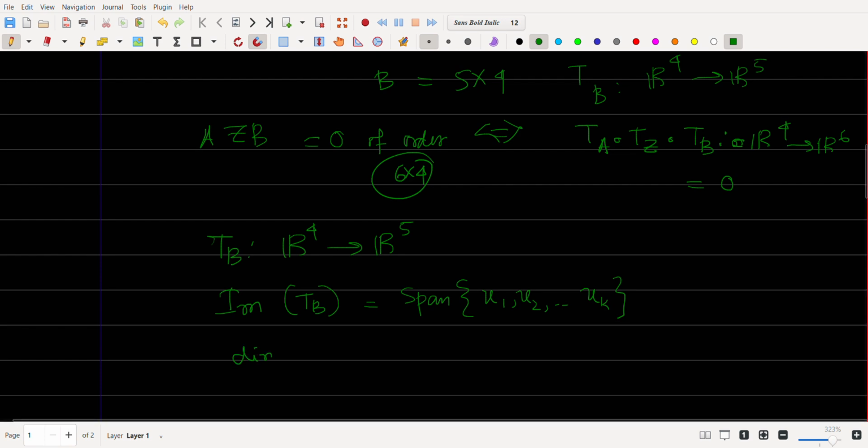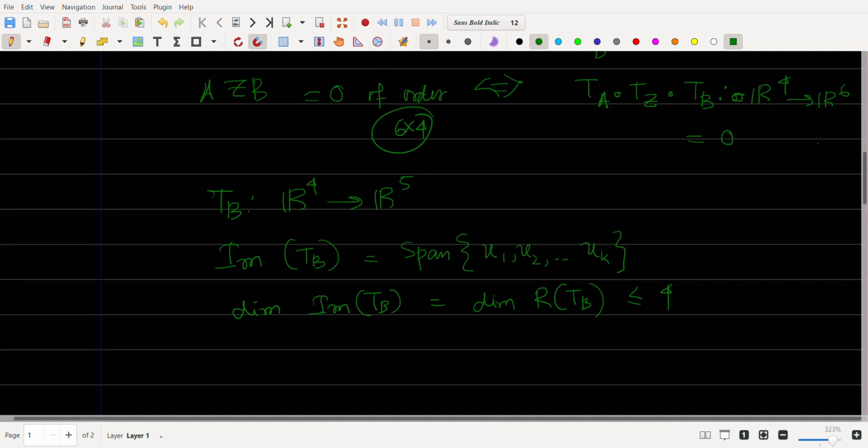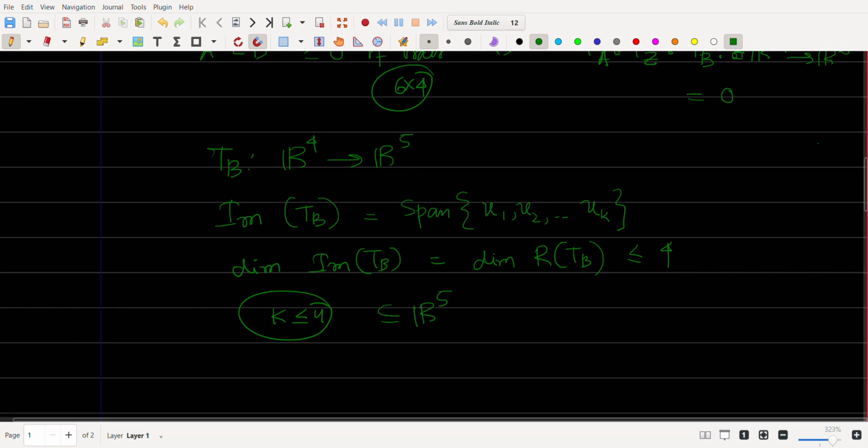So the dimension of the range of TB is less than or equal to 4, which means K is less than or equal to 4. I can take the span where these vectors are a basis of the image. Since this is inside R5, we can extend it to a basis of R5.